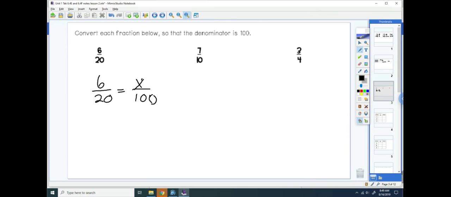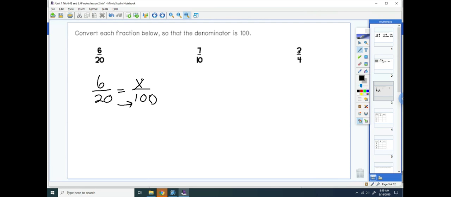This is actually very similar to the equivalent fractions we just did. Basically, I did something to the 20 to get to the 100. That means I either multiplied or divided by a number. Generally, I would assume I would multiply by a number greater than 1 because it increased to 100.